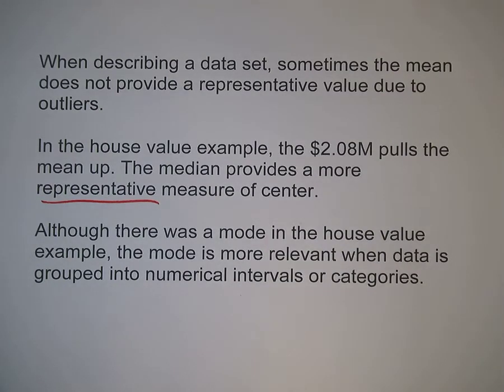Although there was a mode in the house value example, the mode is more relevant when data is grouped into numerical intervals or categories. To recap, the mean is sensitive to outliers, the median is resistant to outliers, and the mode is generally more valuable in a larger data set, especially when we're dealing with grouped data.